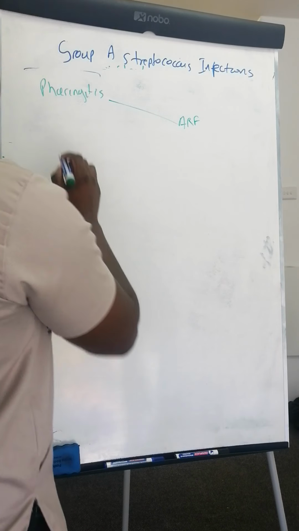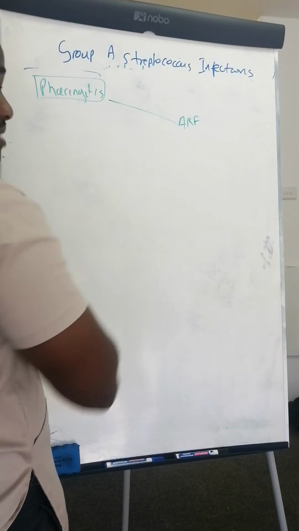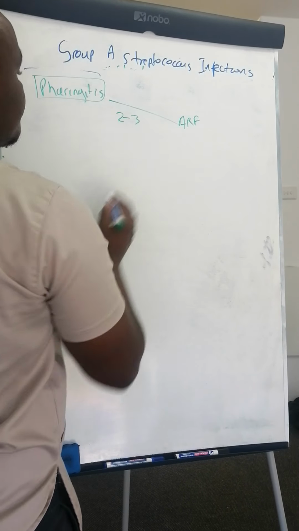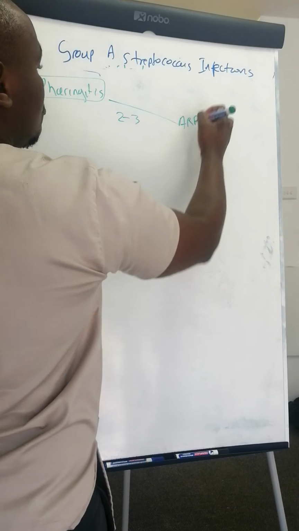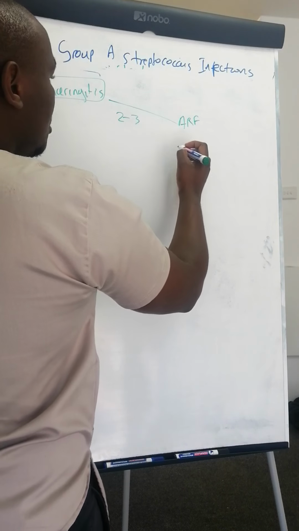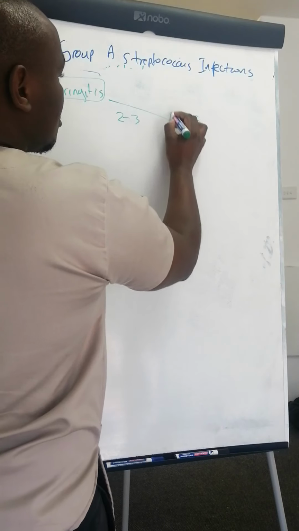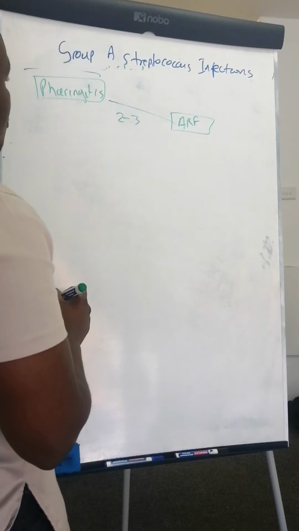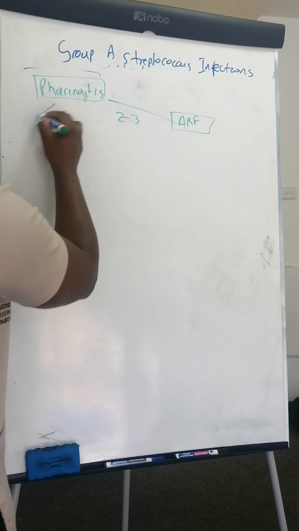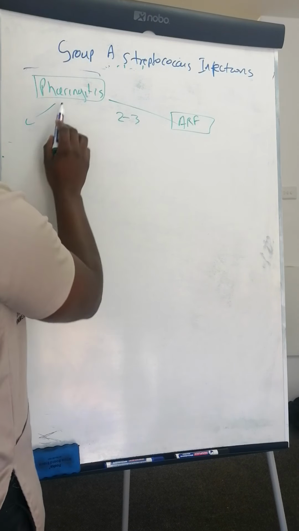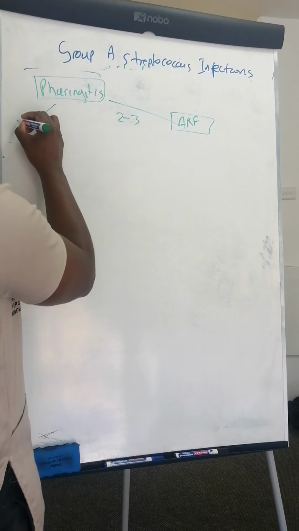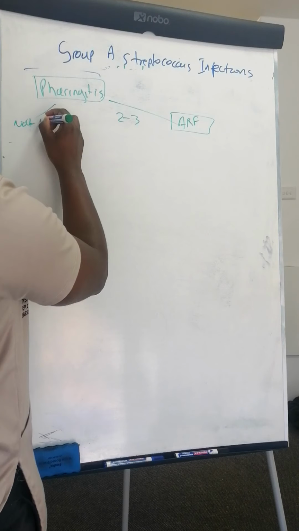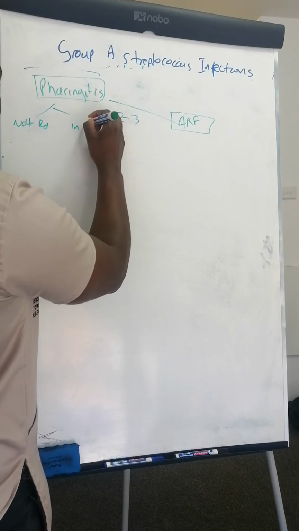We did emphasize that this is a primary infection, and then 2 to 3 weeks later a patient might present with the signs and symptoms of acute rheumatic fever. And we spoke about how, for someone to progress from here to here, it's because they were either not treated for their pharyngitis or they were inadequately treated.